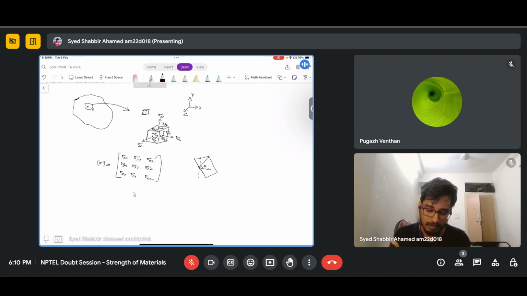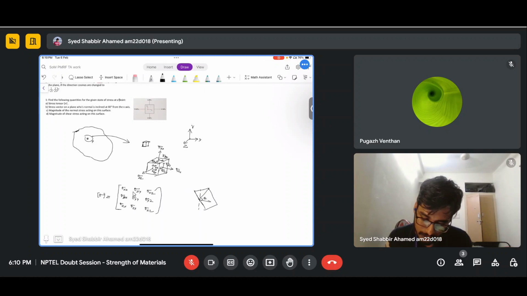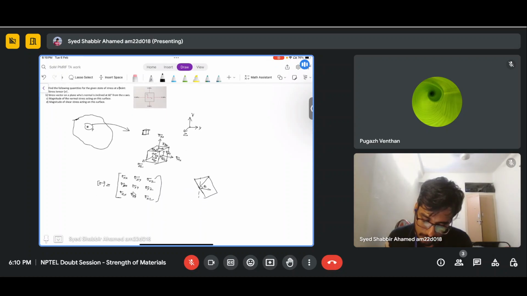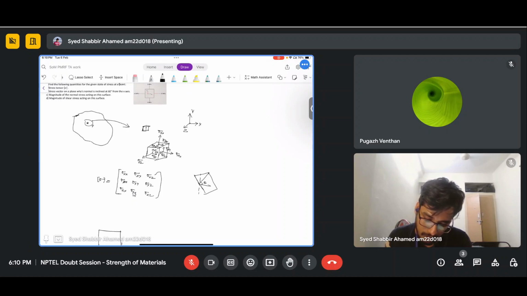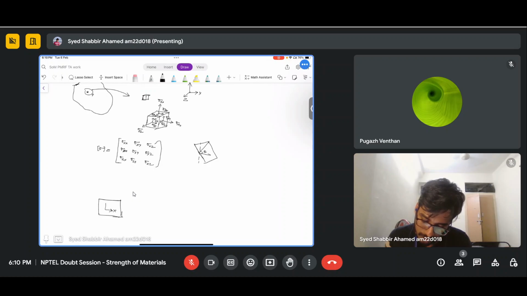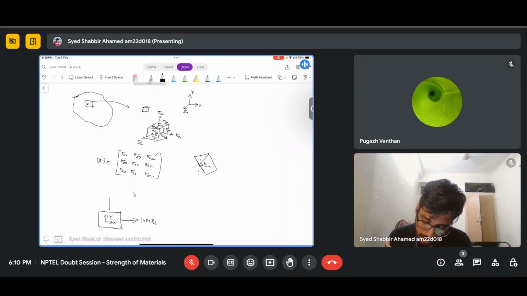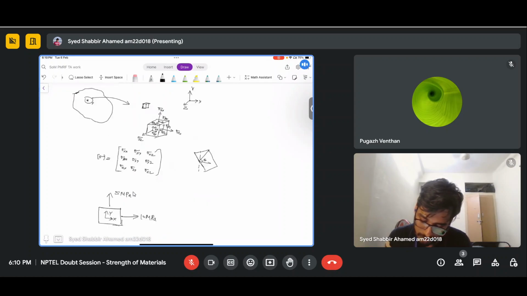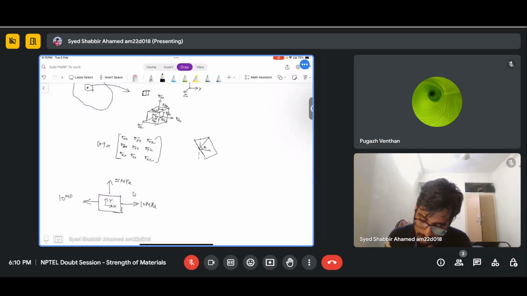So in this problem, we have a 2D case. We have x and y, and we have 10 megapascal, and we have 5 megapascal, and we have 10 megapascal here, and here again we have 5 megapascal.